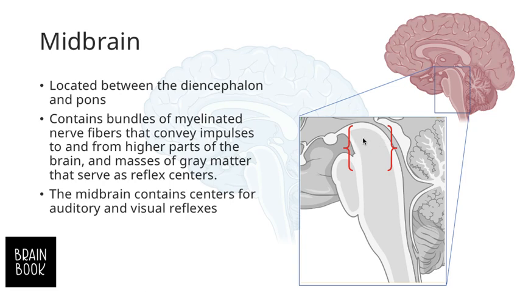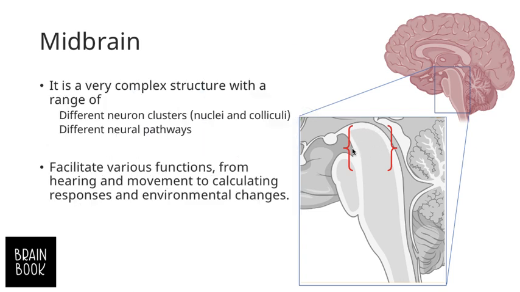This part of the brain stem contains centers for auditory and visual reflexes. It has a very complex structure with a range of different neuron clusters and different neuronal pathways, and also it facilitates various functions from hearing and movement to calculating responses and environmental changes in our body.